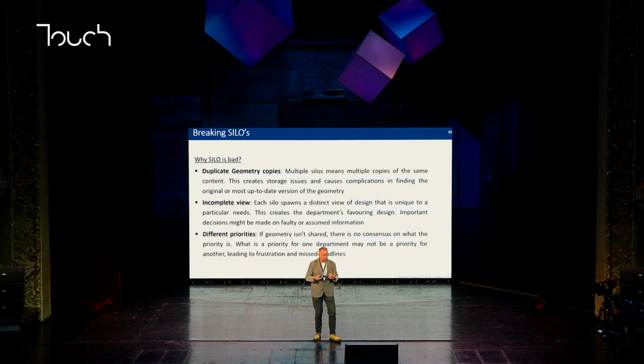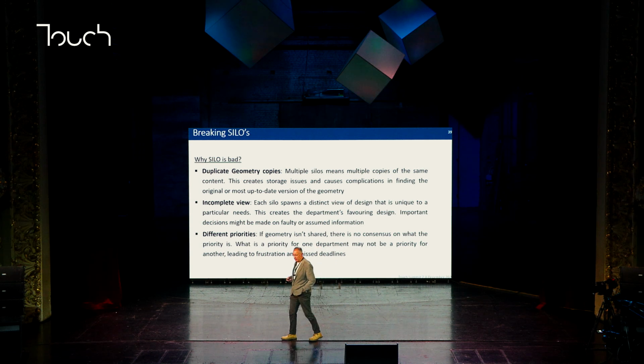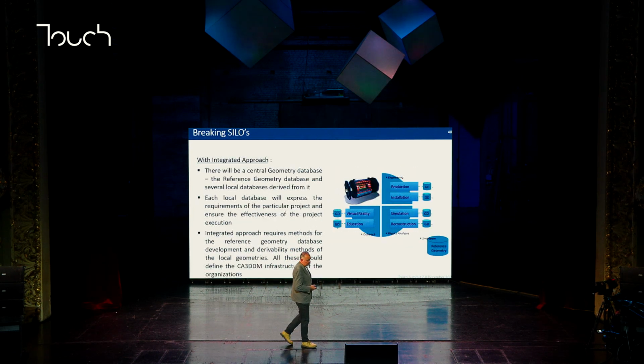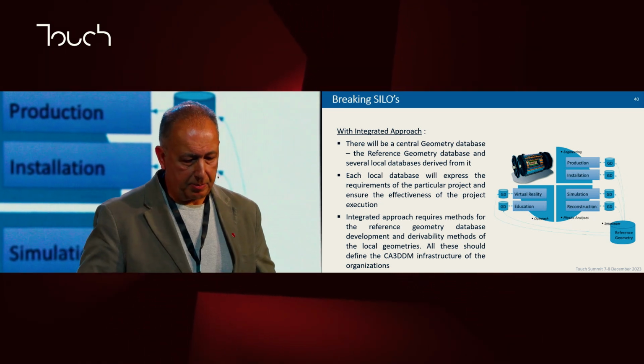This is very bad because it brings duplicate geometry, a lot of geometry versions. It's an incomplete view. It's hard to update, and because the departments have different priorities, you cannot integrate. The good approach is the integrated one, when you have one Bible geometry. This is the reference geometry, and you just transfer it to the different departments.